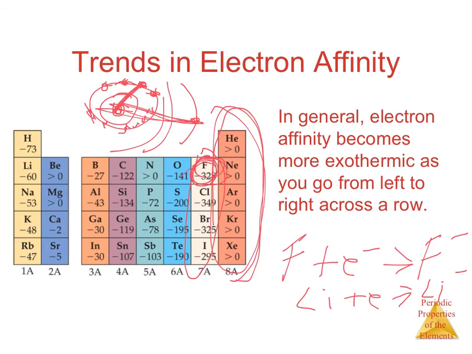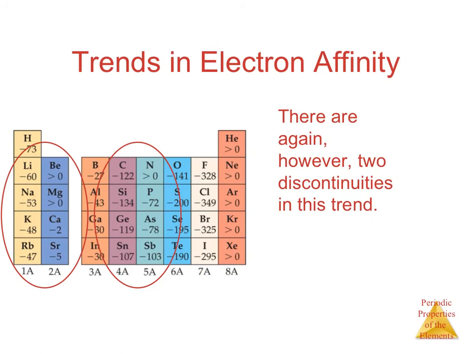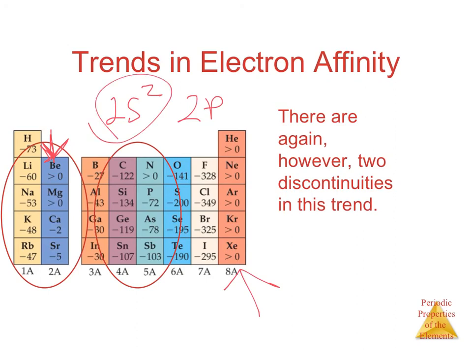So let's talk about the exceptions. Of course noble gases, it's going to be endothermic. It's going to take energy to make them unstable. The other thing that happens: if I have the atom beryllium, it has a 2s2 configuration, and if I'm going to add another electron, I'm going to add it to 2p. The 2s2 is much more stable than a partially filled p orbital, which is going to be higher in energy.